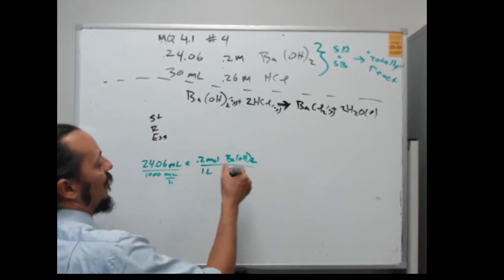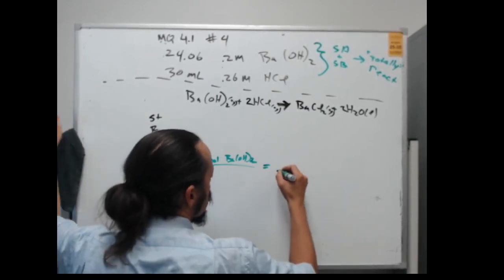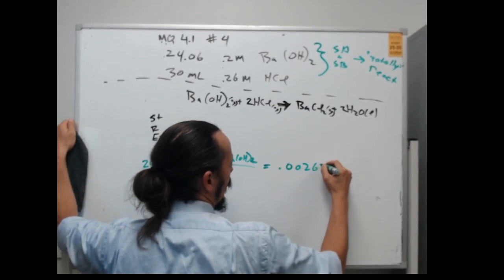That will get me my moles of barium hydroxide: 0.002632.